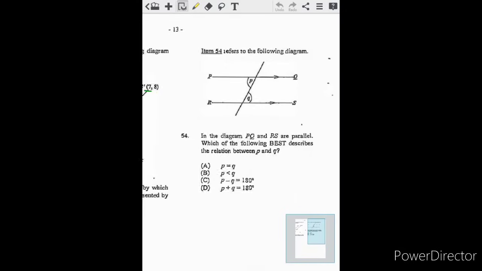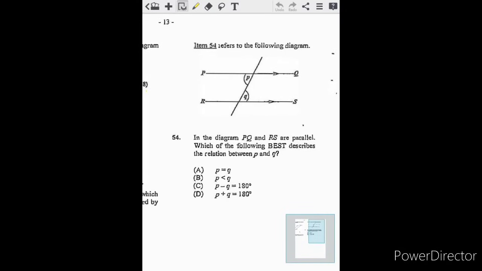Item 54 refers to the following diagram. In the diagram, PQ and RS are parallel. Which of the following best describes the relationship between P and Q? Looking at our diagram, we know this would be an alternate angle.